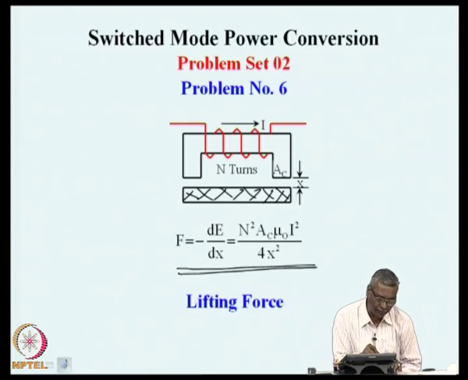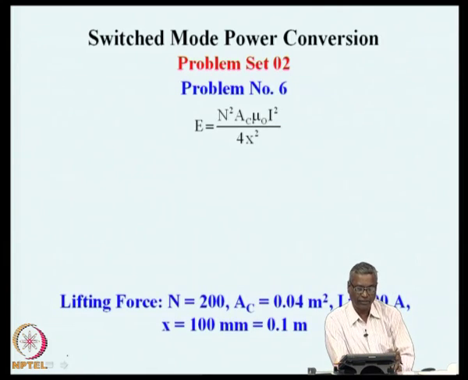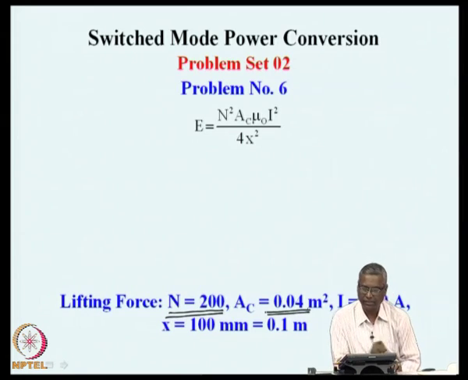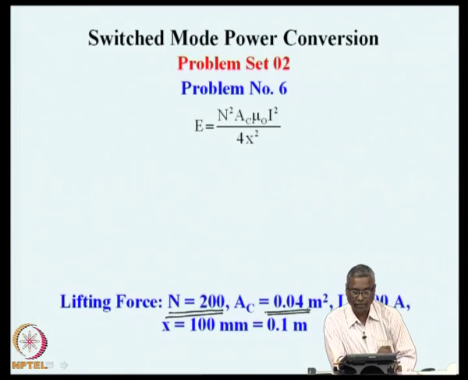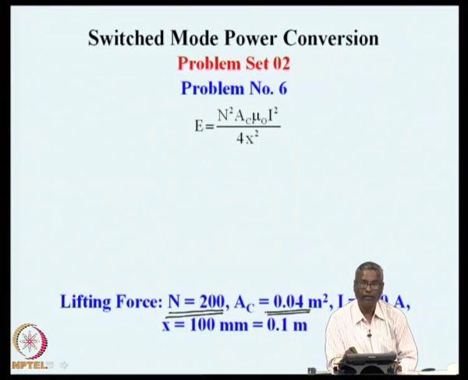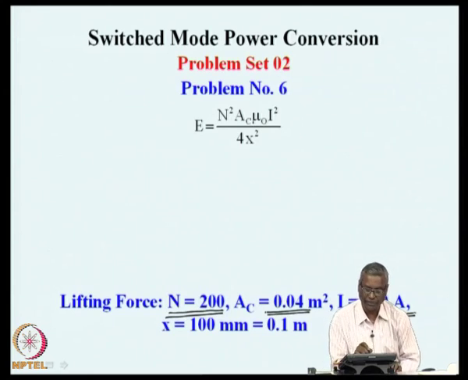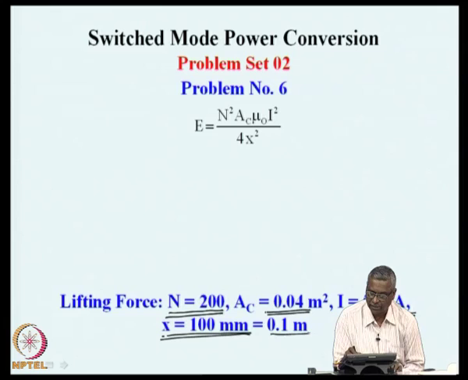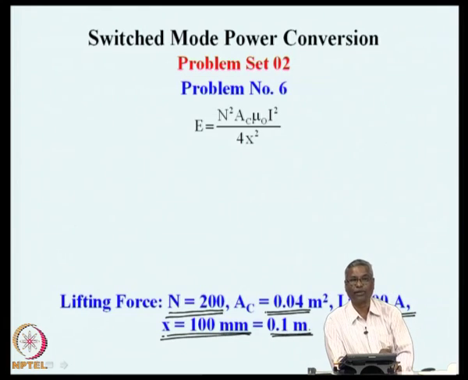We can calculate for a system of this nature where the number of turns is 200, the area of cross section is 200 millimeter by 200 millimeter, which is 0.2 meter by 0.2 meter, 0.04 meter square, and the winding carries a large current of about 500 amperes, and where x is about 100 millimeter, which in meter scale is 0.1 meter.